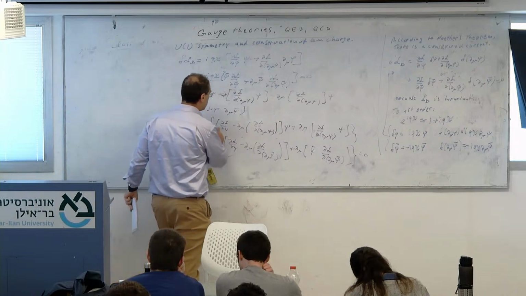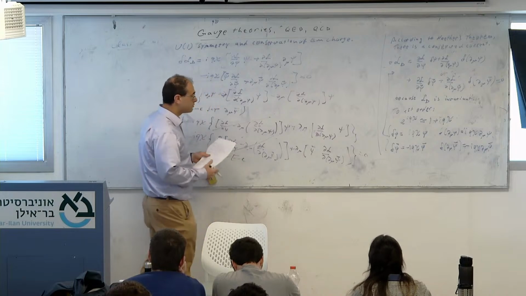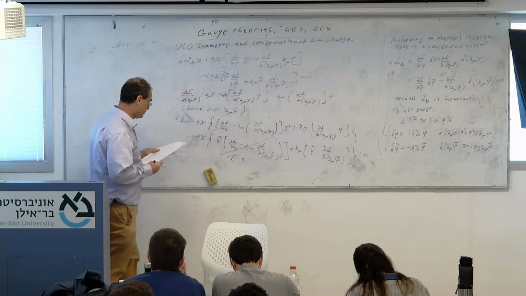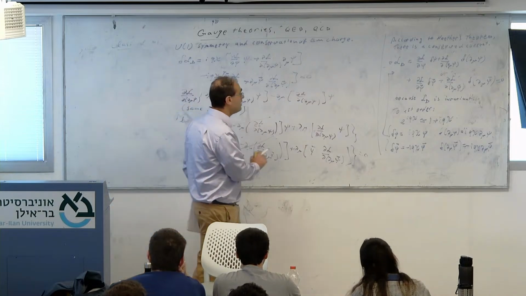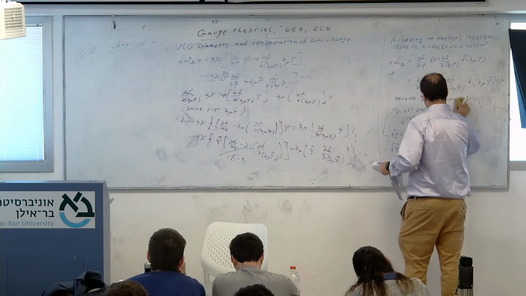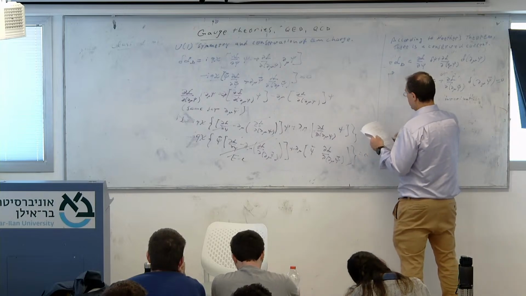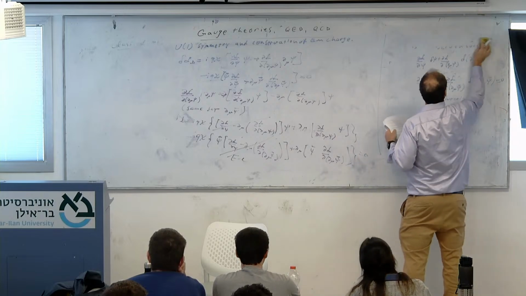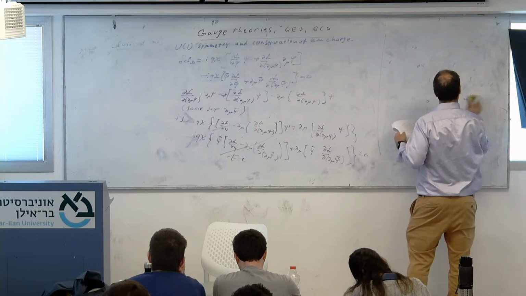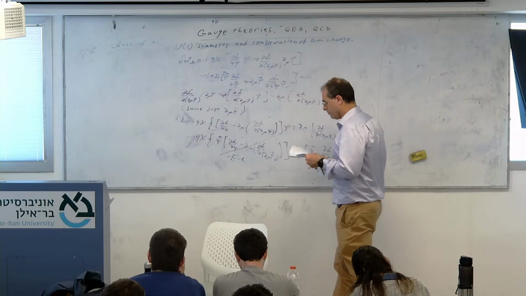This is cancelled by the Euler-Lagrange equation. So what we are left with are only these two. Now the chi I can remove, I don't need it anymore.